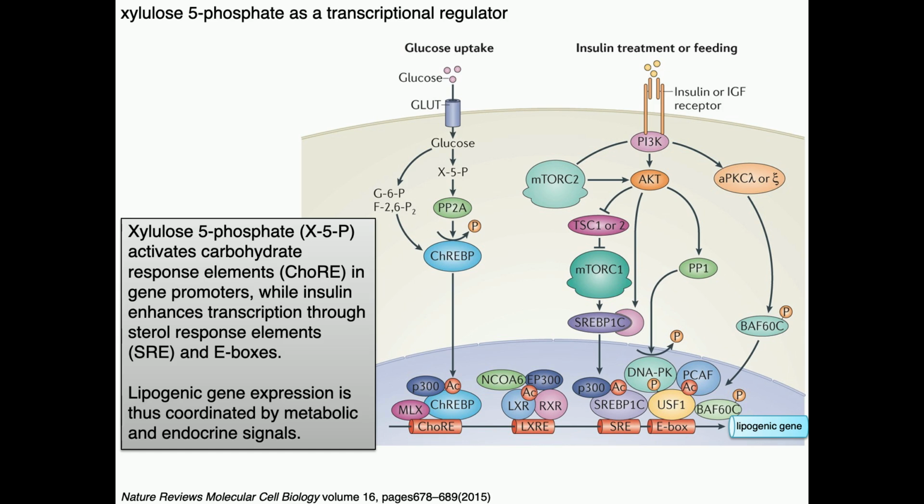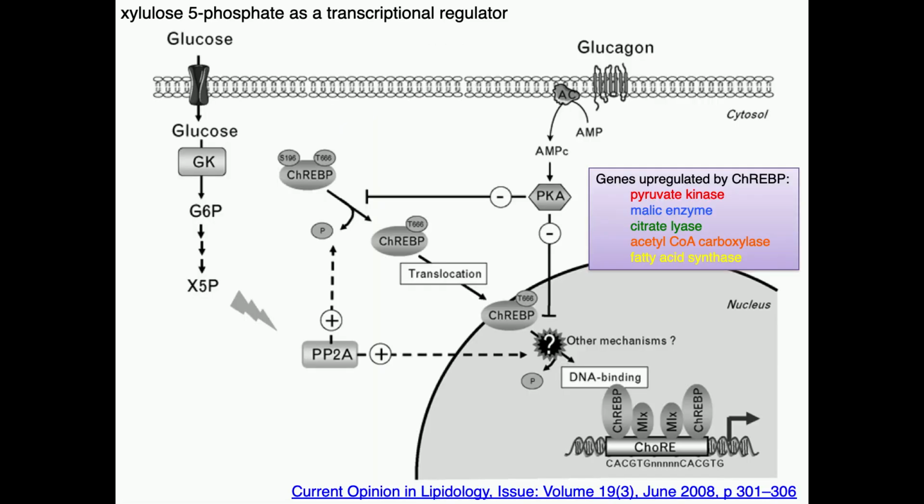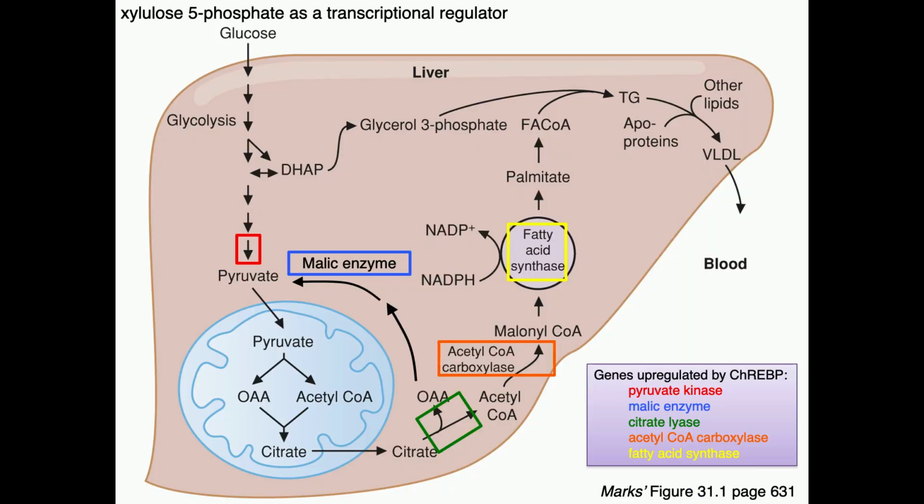Let's look at some of these genes that are upregulated in response to xylulose 5-phosphate: pyruvate kinase, malic enzyme, citrate lyase, acetyl-CoA carboxylase, fatty acid synthase. These are lipogenic genes, genes involved in converting carbohydrate carbon into a fatty acid.